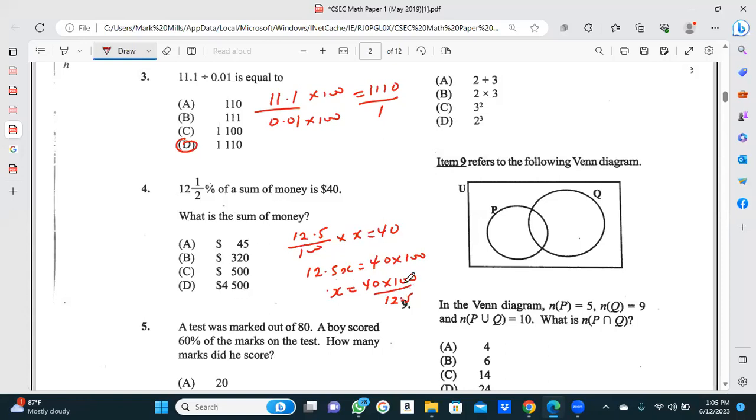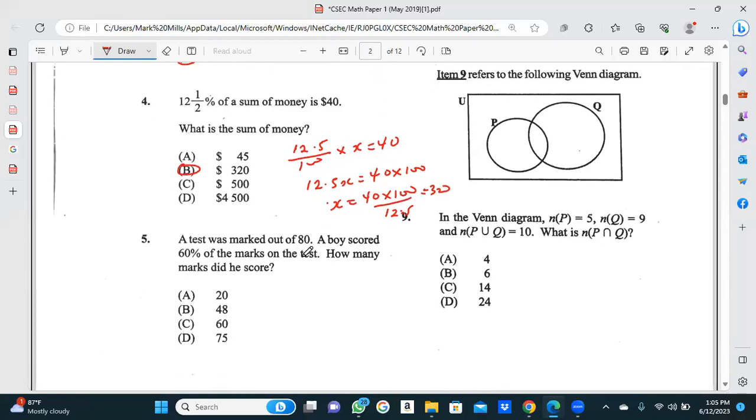We worked this out already. What do you get for this answer? B, 320, right? So this gives me 320. Now we know the answer for number 5. Anybody remember the answer for number 5? 48, right? So it would be 60 over 100 times 80.